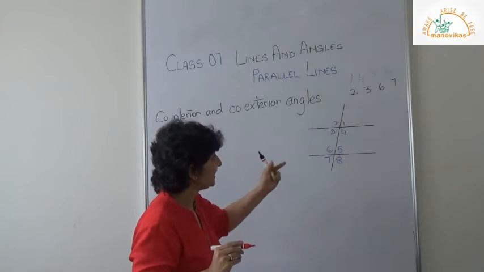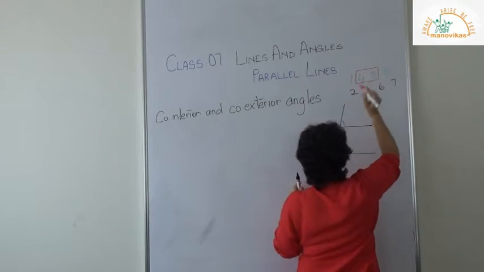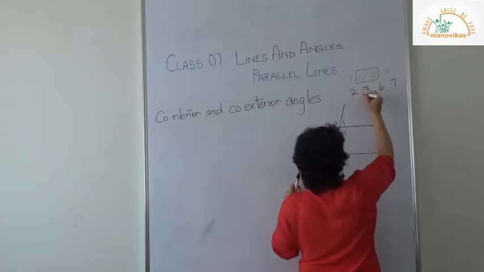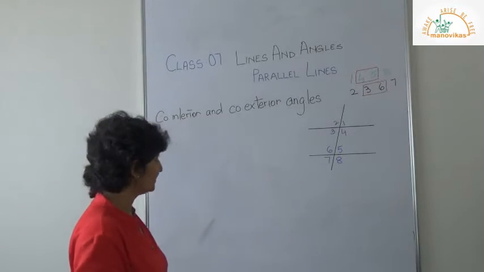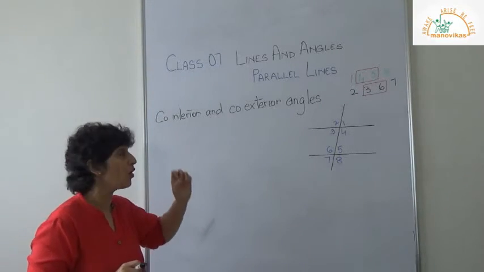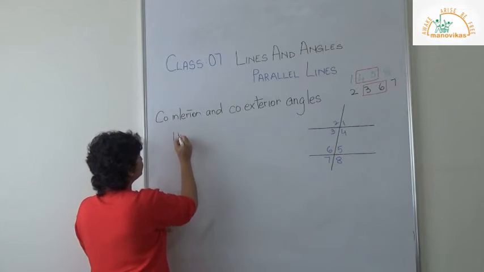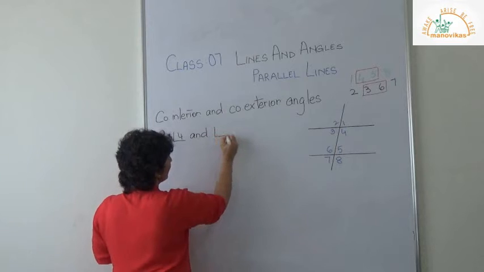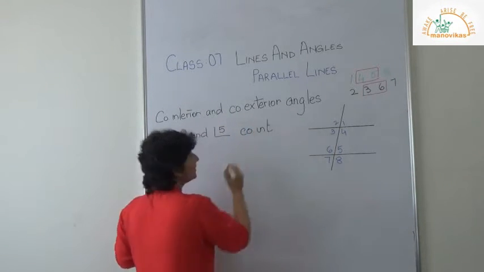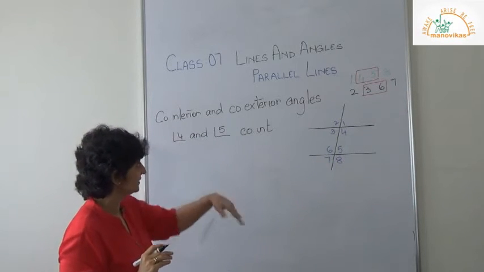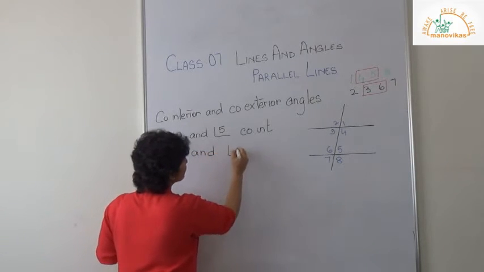Now, if I take interior 4 and 5, these are the interior angles. And if I take here 3 and 6, these are again interior angles. So, which are our co-interior angles? Angle 4 and angle 5 are your co-interior angles because they are angles on the same side of the transversal. And then I have angle 3 and angle 6.